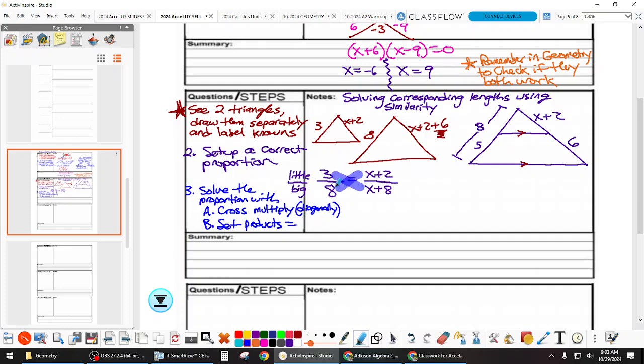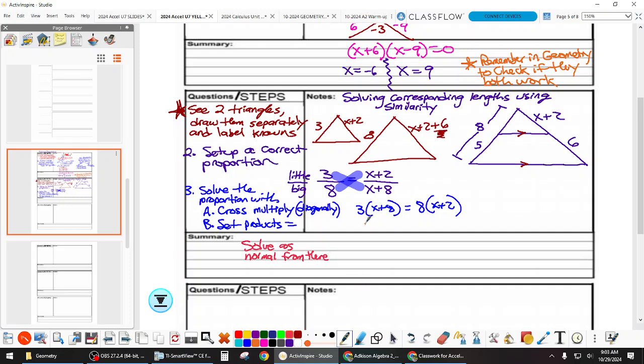So cross multiply, and we're going to get 3 times x plus 8 equals 8 times x plus 2. Don't forget those parentheses. Then solve from there like normal. I feel like at this point we kind of know that. Solve as normal from there.